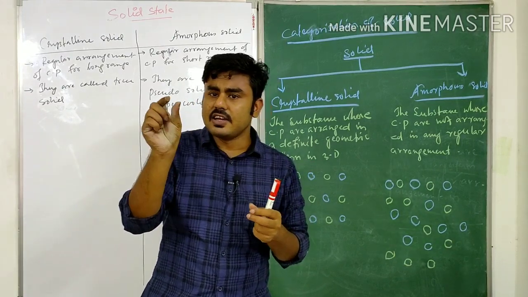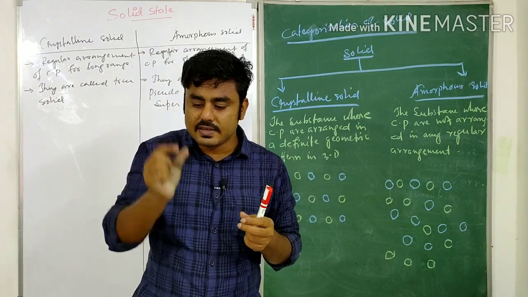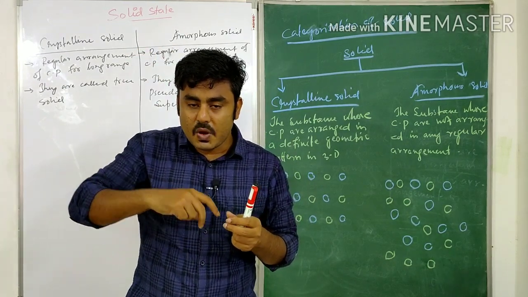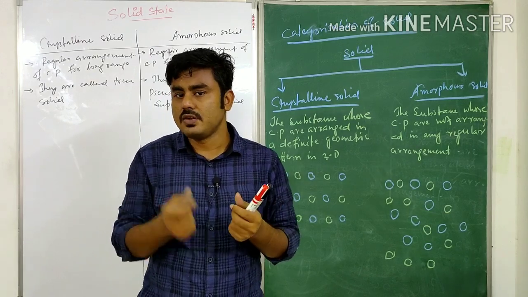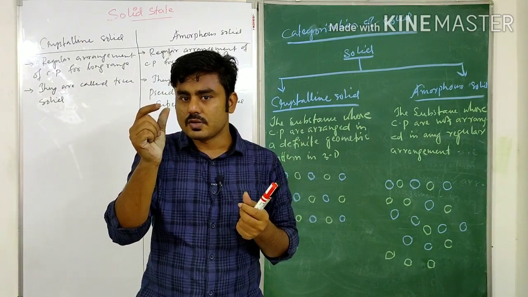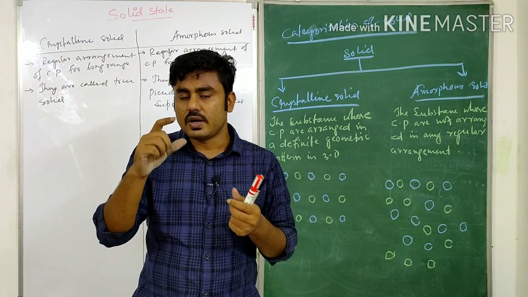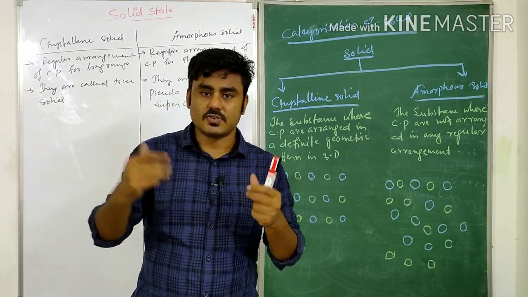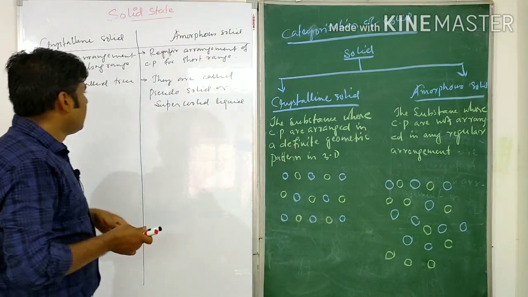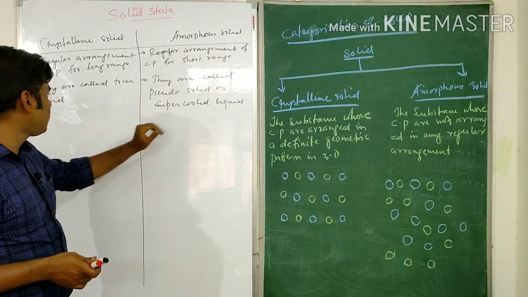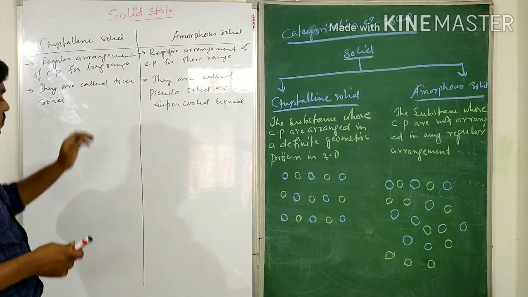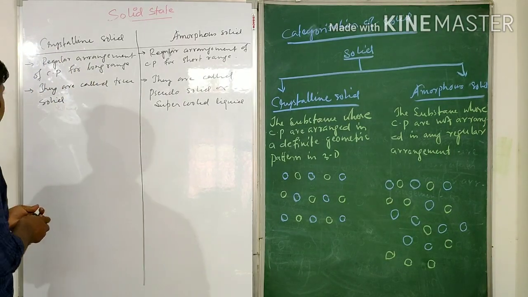Due to the difference in thickness, the image formed in the mirror will automatically be distorted, because it's simple physics. So the amorphous solids are called pseudo solids or supercooled liquids, but the crystalline solids are called true solids.